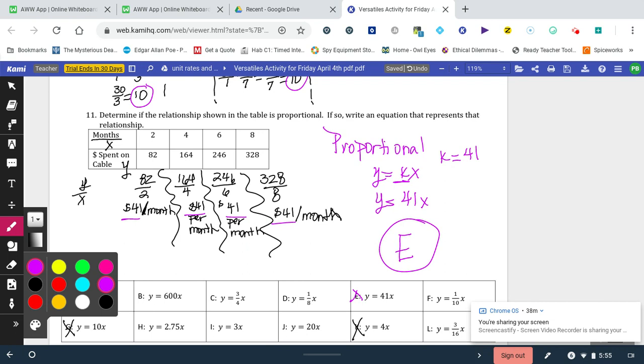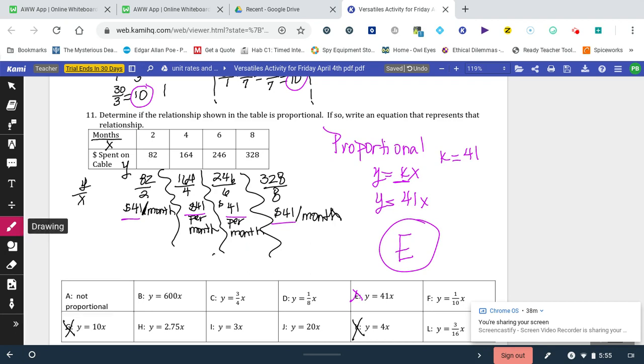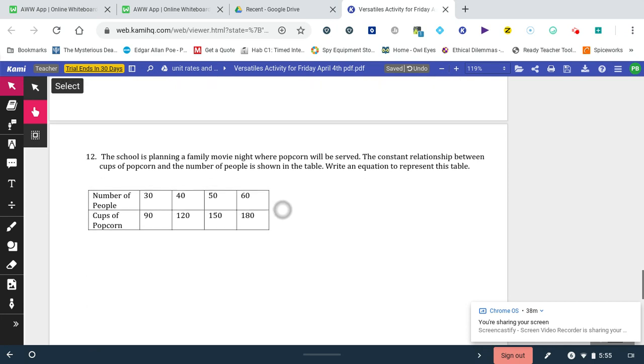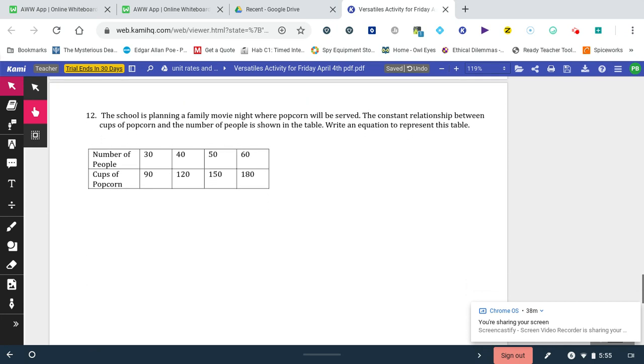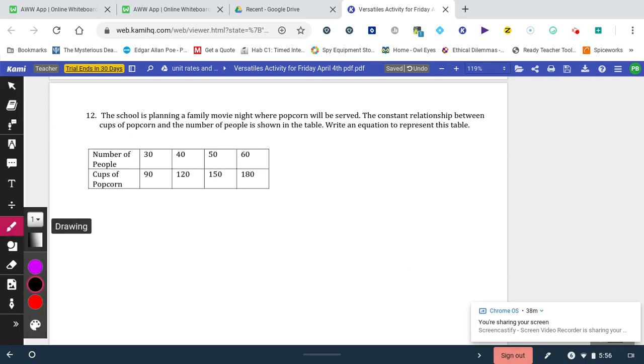The only one we didn't use out of the box, I think, was I. So I know number 12 is I, but I don't want you to just write I down and quit. So what I want you to do is try number 12. Then unpause the video and see if we have the same thing with the work, guys.